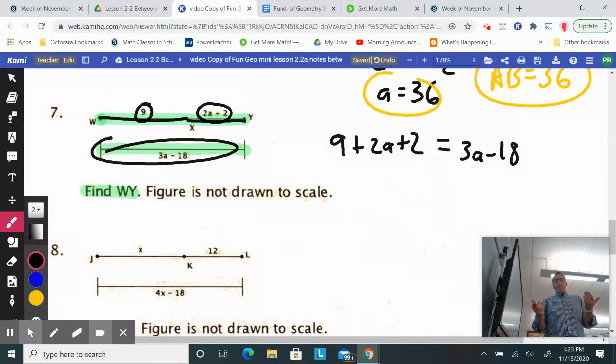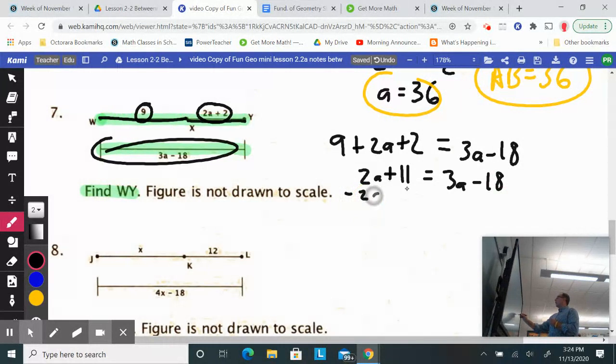Now I just have to apply a little algebra. 9 and 2 could be added, so I have 2a plus 11. And I'll just rewrite this side here for now. I have more a's on the right side, so let's get rid of 2a on the left. I'll move the minus 18, get rid of that by adding positive 18 to both sides.